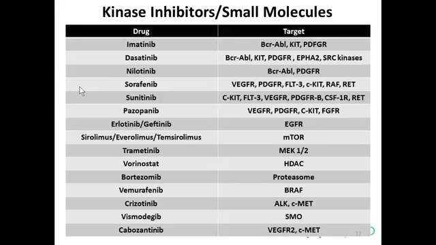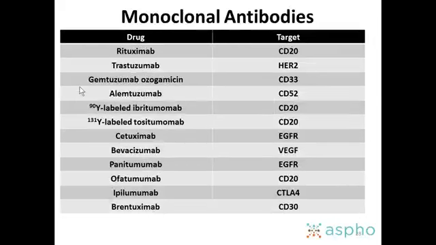And they target various kinases, which basically usually have a tyrosine, serine, or threonine moiety. And you can actually develop resistance to these particular agents by having very selective mutations in their binding domains.